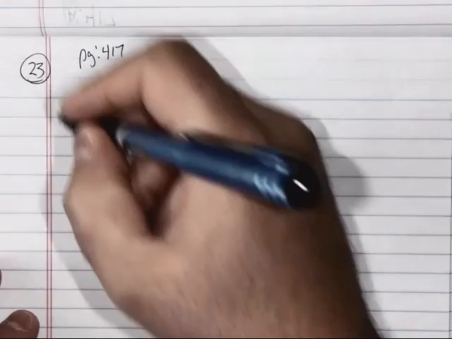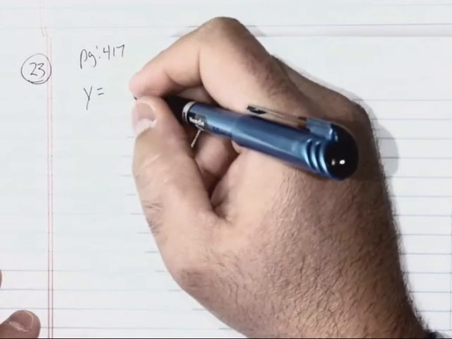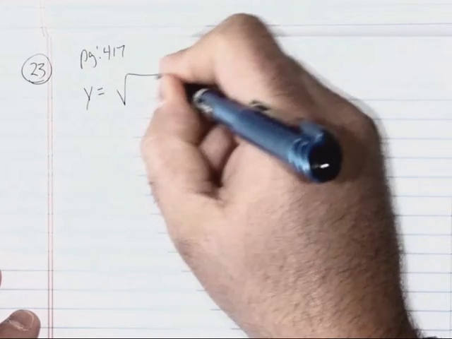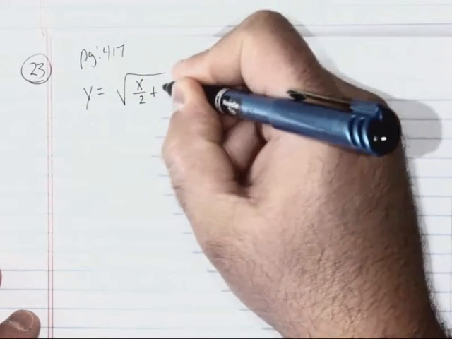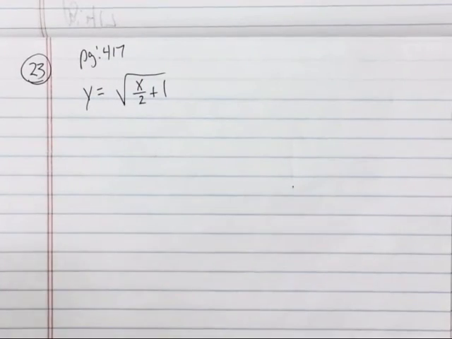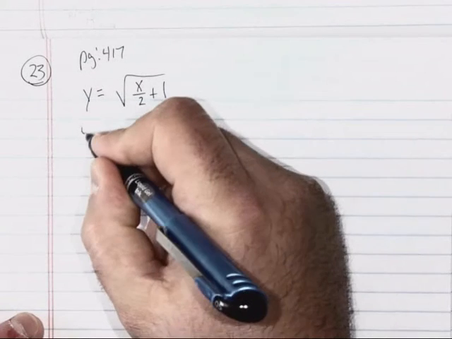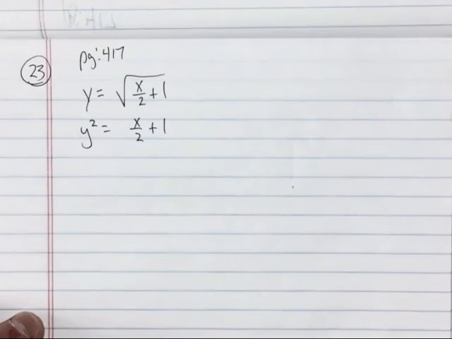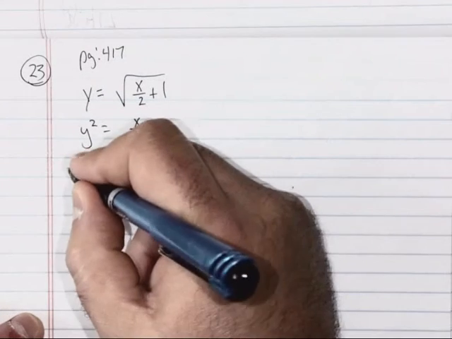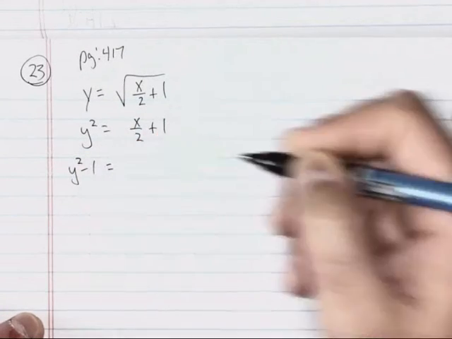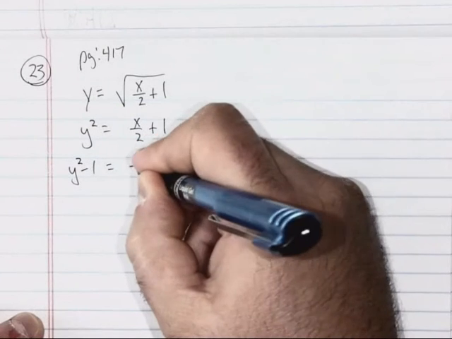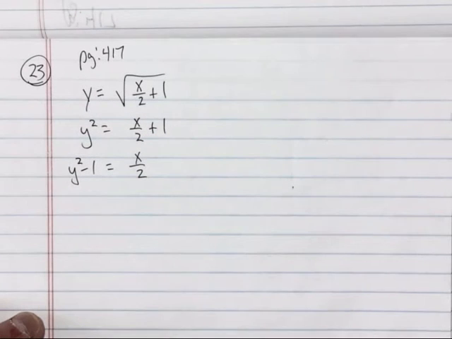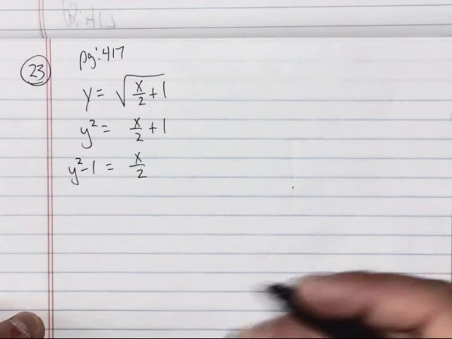The first function that we're given is y equals positive root of x over 2 plus 1. So let's solve that for x. I'm going to square both sides to get rid of the root. Minus 1, then I'm going to times 2.